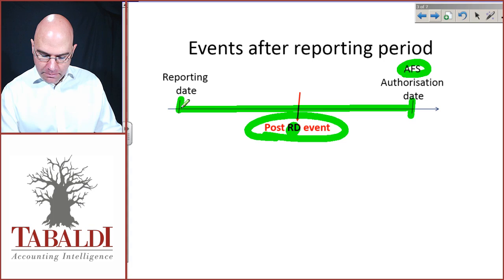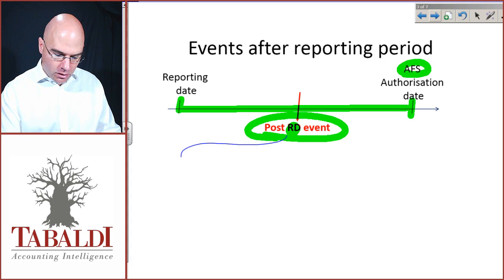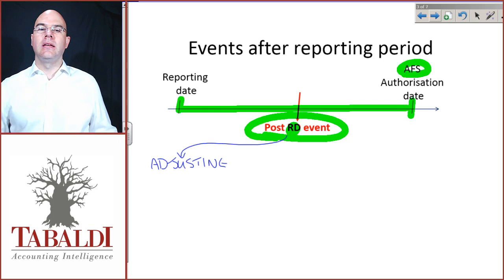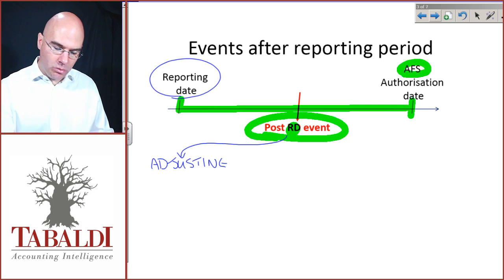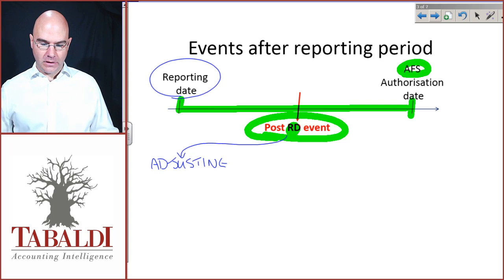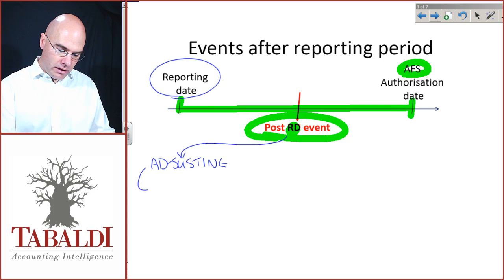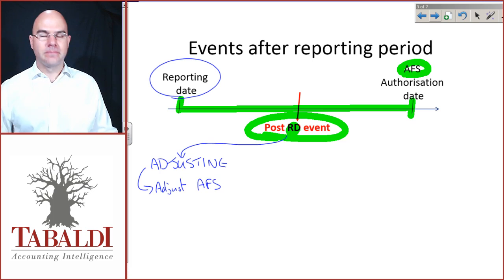You will either have a post-reporting date event that will be an adjusting event, i.e., it will result in the financial statements at reporting date being adjusted, okay? And you will do an actual adjustment to the annual financial statements.